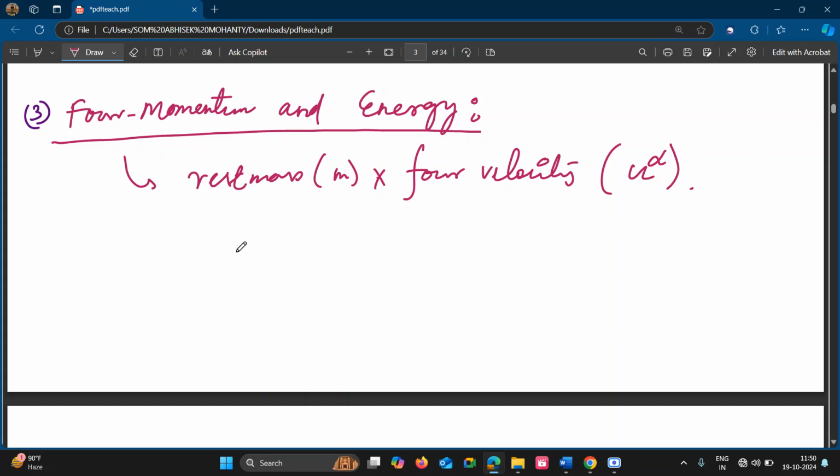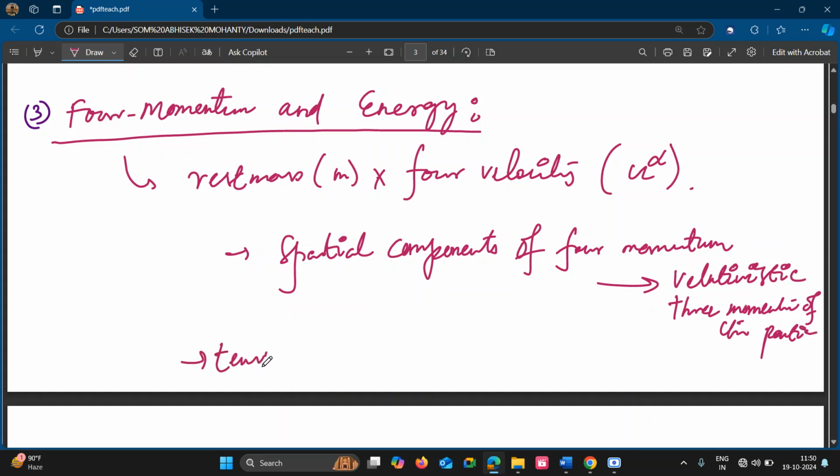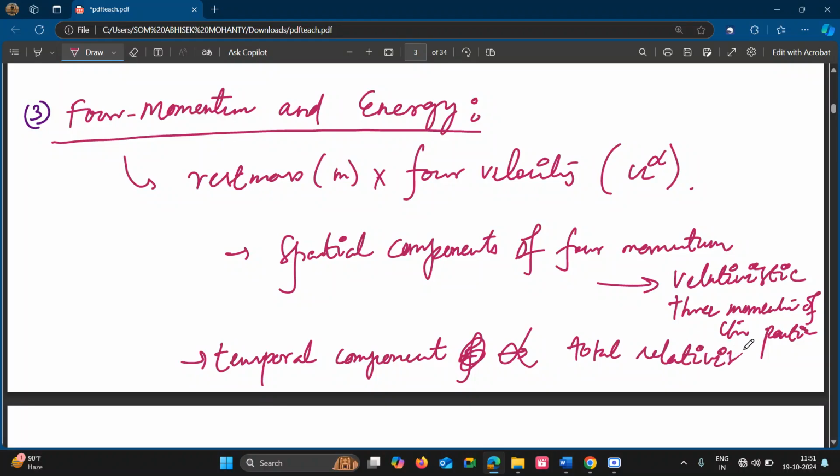So the spatial components of four momentum correspond to the relativistic three momentum of the particle, and the temporal component of four momentum is proportional to the total relativistic energy.